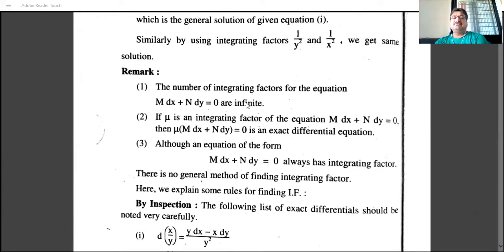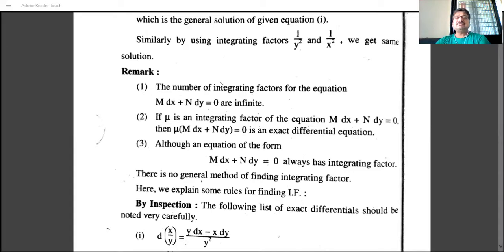We find the integrating factor and multiply the given differential equation by that integrating factor, and then the given equation becomes an exact differential equation. Then find its solution by using the formula: integration of M dx plus terms in N independent of x dy is equal to a constant.